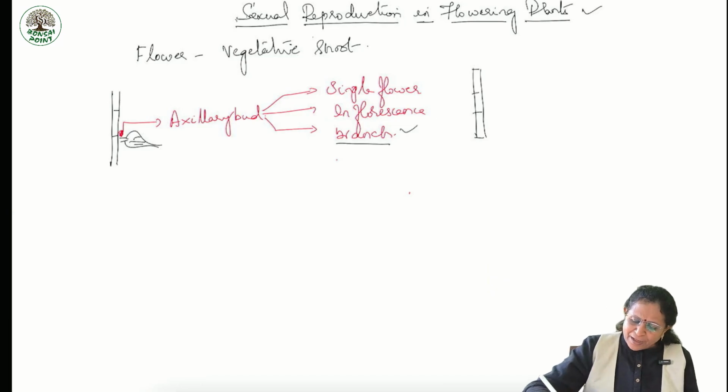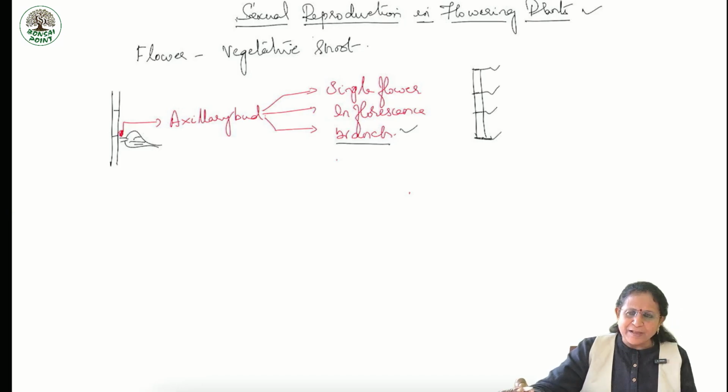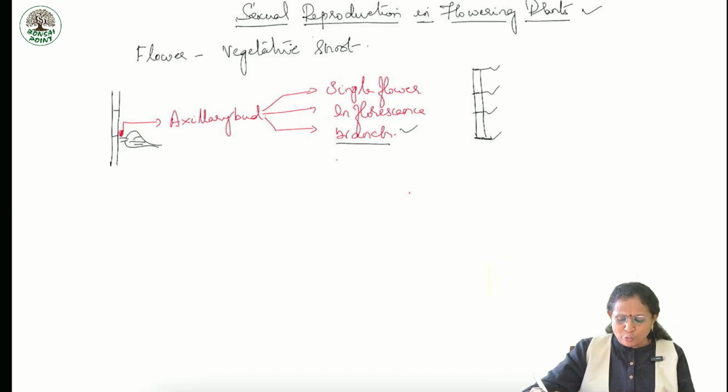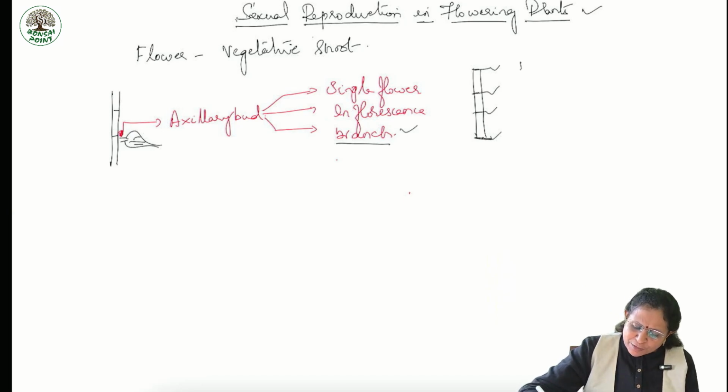Is it clear? So, this is the first one, this is the second one, third and fourth. These were modified into 4 whorls. Which are the 4 whorls of a flower? The first whorl is said to be calyx. Second whorl, corolla.